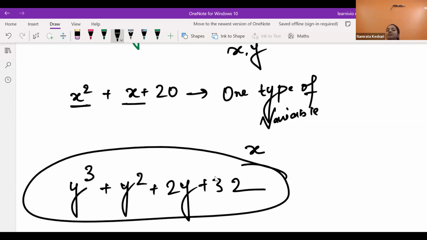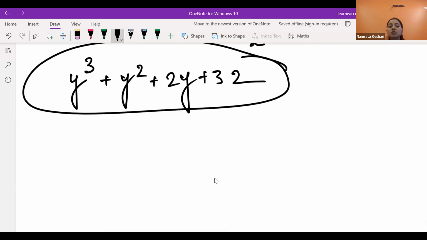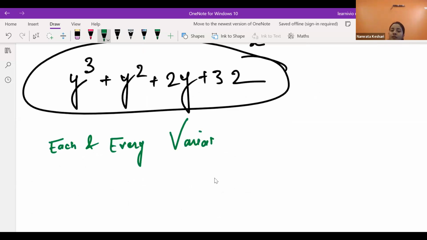And the next condition is we will be checking each and every variable's exponent. I am writing over here, what are we going to check? Each and every variable's exponent.